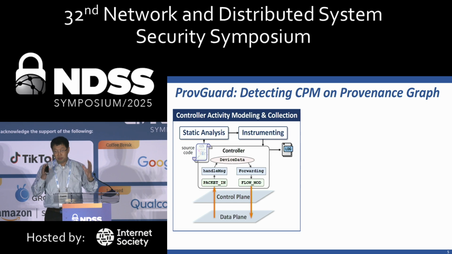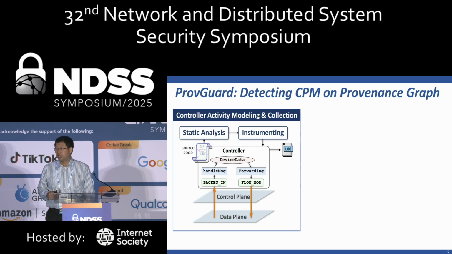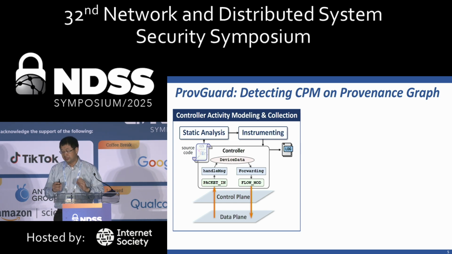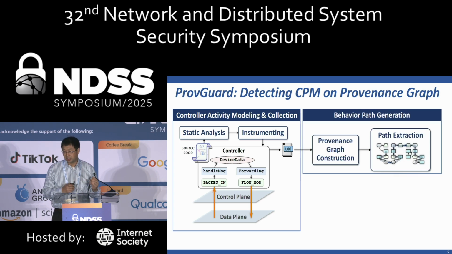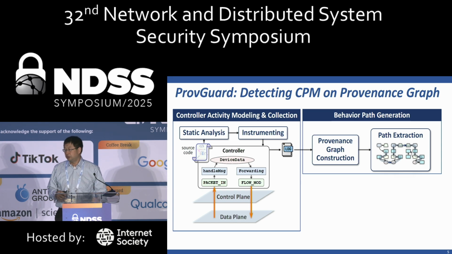First, we do provenance. We instrument the SDN controller, in our particular example a Java program, instrumenting the source code to get enough information to describe the operations of the controller. These logs are used to build a provenance graph using the traditional provenance graph building approach.